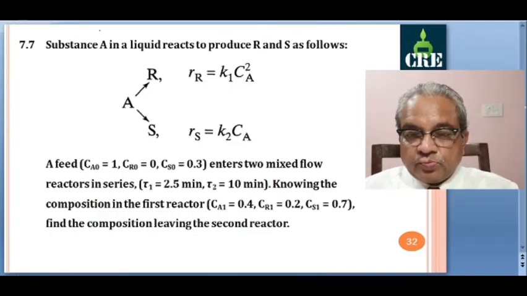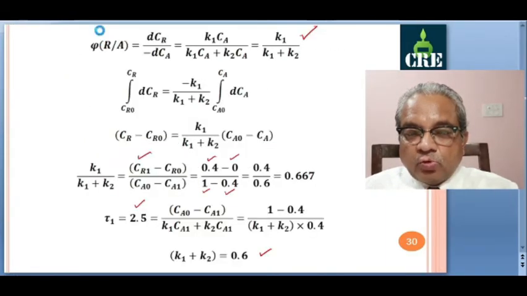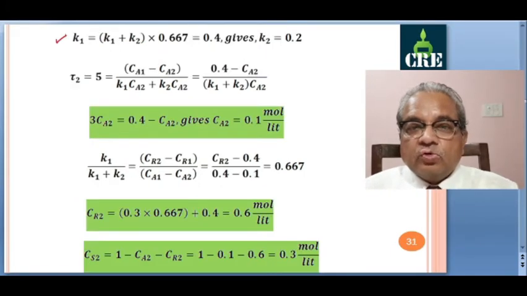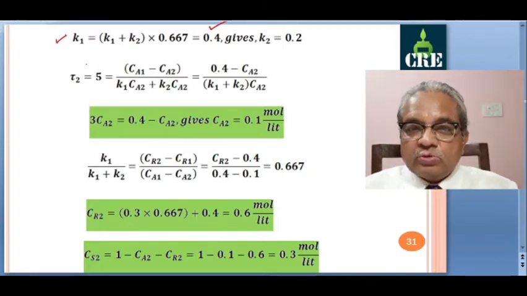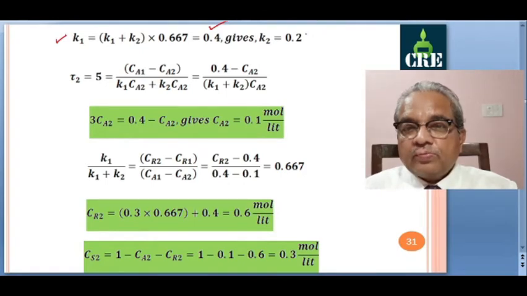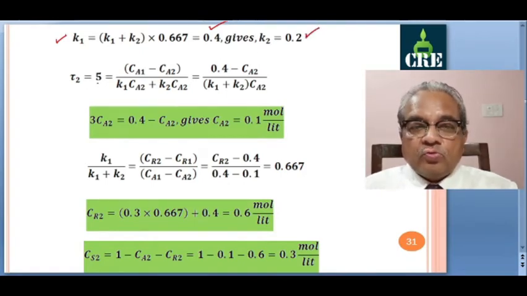K1 plus K2 is 0.6, so this multiplication gives us 0.4. So K1 is 0.4 and K1 plus K2 is 0.6. So you get K2 is equal to 0.2.